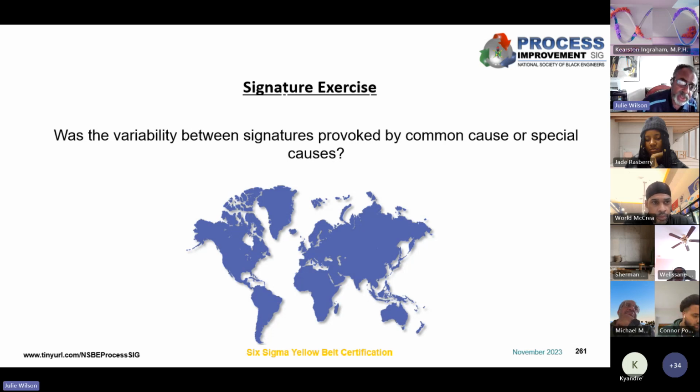So the difference between the 5 times that you sign your name with your right hand is common cause variation. The difference in the 5 times that you wrote your signatures with your left hand is common cause variation. The difference in signatures between your right hand and your left hand is special cause variation.